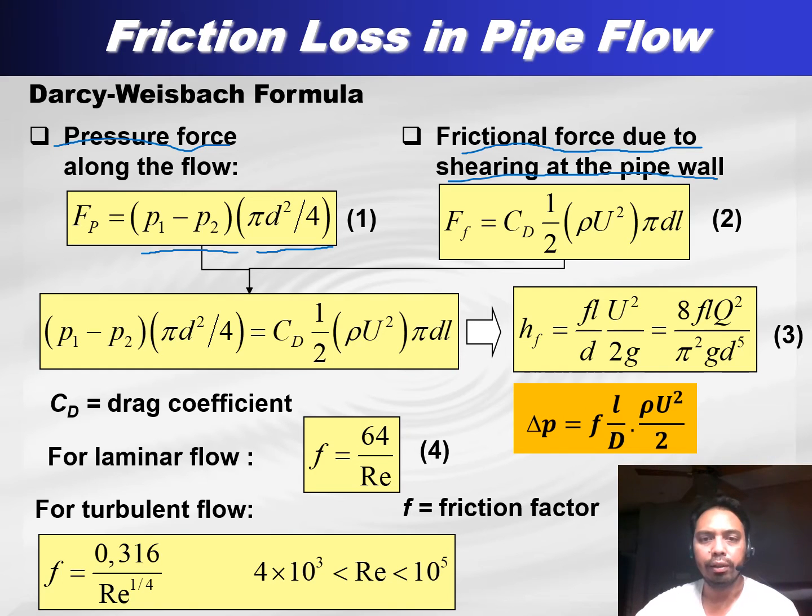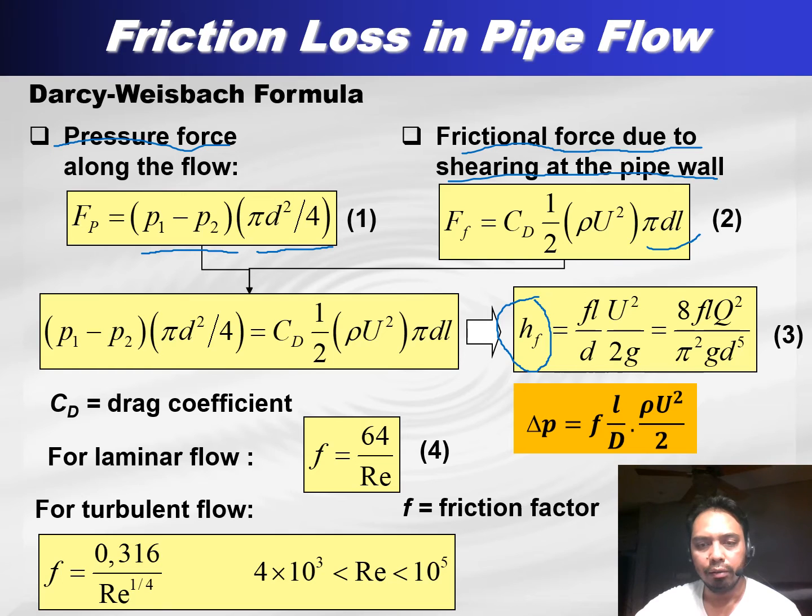Using this formula, CD equal to half density times the velocity square times the perimeter. So equalizing equation 1 and equation 2, we come up with the frictional head loss, according to equation 3.